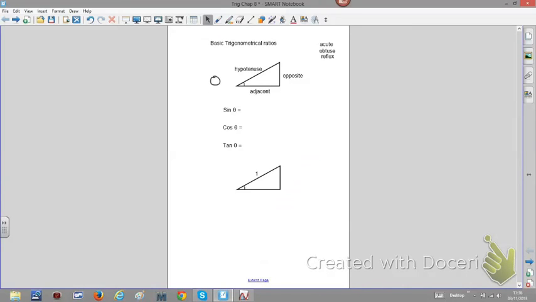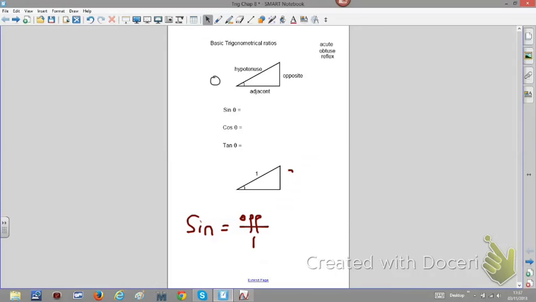Quite a useful relationship is if we've got a right-angled triangle with the hypotenuse of length 1. We know that sine is the opposite divided by the hypotenuse, and the hypotenuse is 1. So sine of the angle theta must be equal to the opposite.